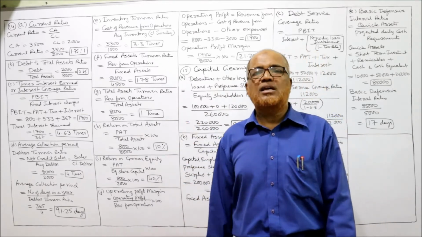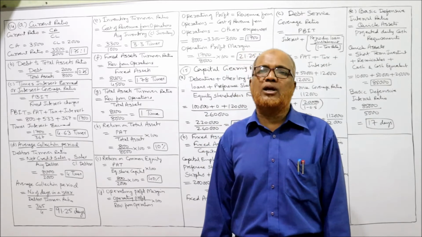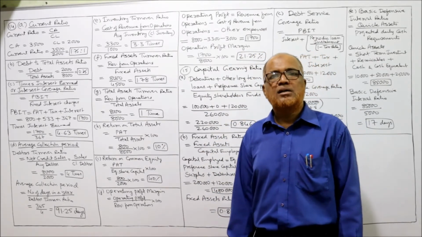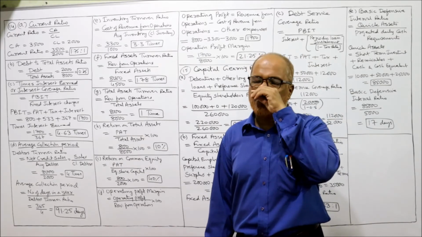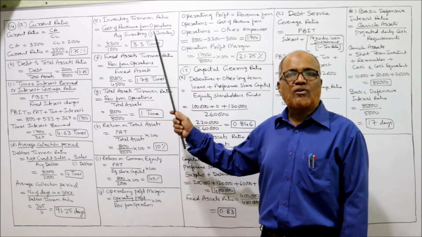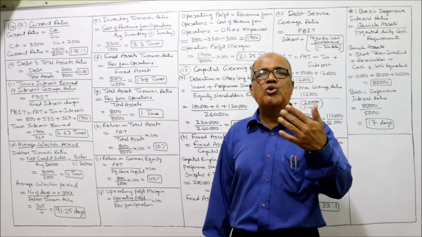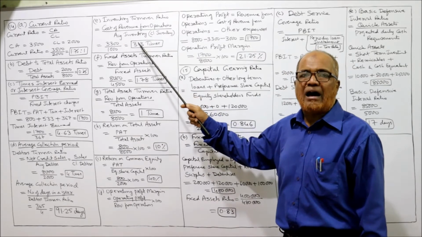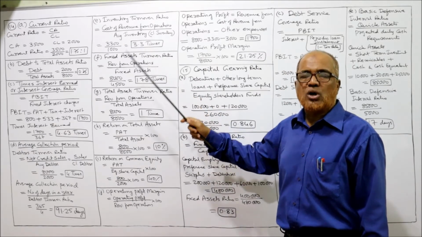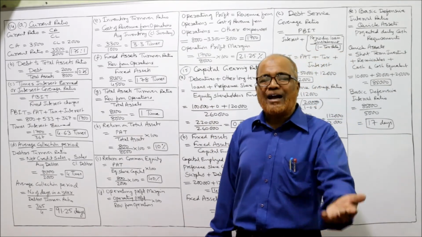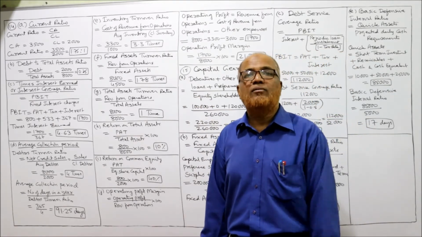Next ratio, it is asking you inventory turnover ratio, or stock turnover ratio. The formula is cost of revenue from operations divided by average inventory. Cost of revenue from operations or cost of goods sold mean the same.